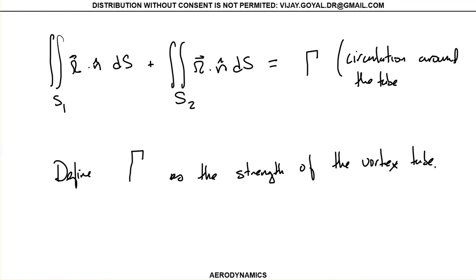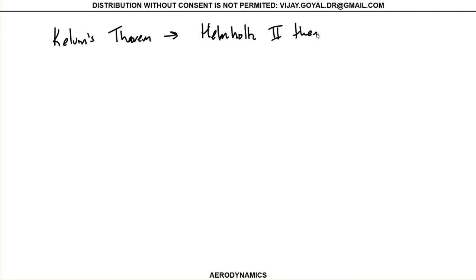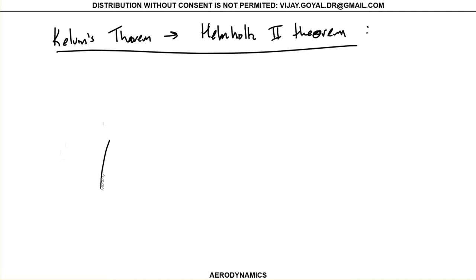So there's another interesting aspect of this, which is Kelvin's theorem. How do we combine the application of Kelvin's theorem to Helmholtz's second theorem? So what we have is your vortex tube.